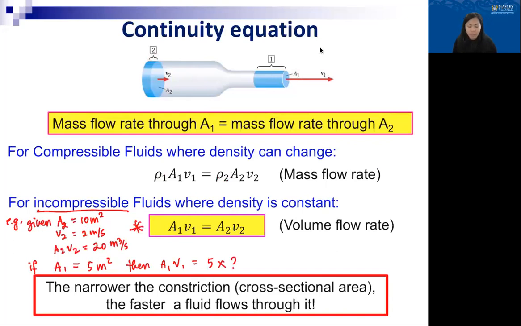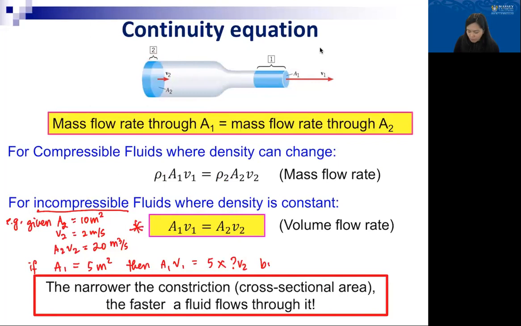We don't know the speed of the fluid at this narrower area A1. Okay, but we know from the continuity equation that whatever value A2 V2 is, that should also be the value of A1 V1. Right? Does that make sense?